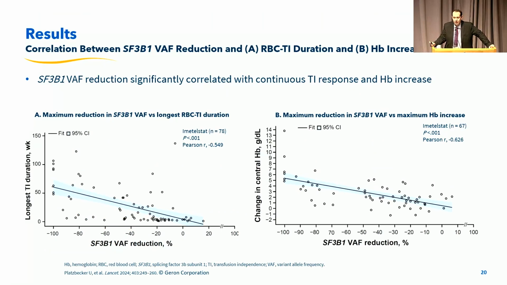So moving to what I think is the most exciting part about imetelstat, which is the ability to reduce variant allelic fractions and what that means in MDS. We haven't had a lot of drugs approved in MDS that can show molecular responses or cytogenetic responses, and this, I think, is moving the needle in a positive way for patients with MDS. The SF3B1 VAF reduction significantly correlated with the longest TI duration, in addition to the increases in hemoglobin.